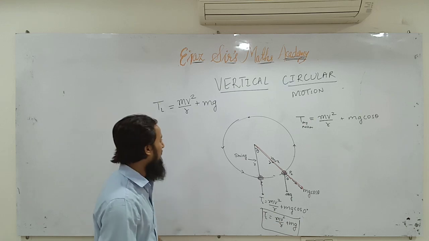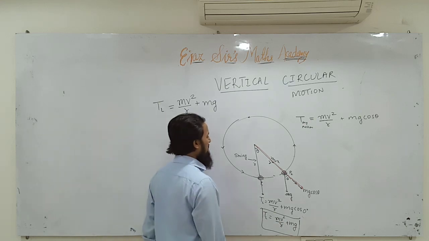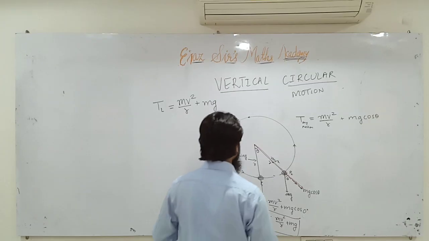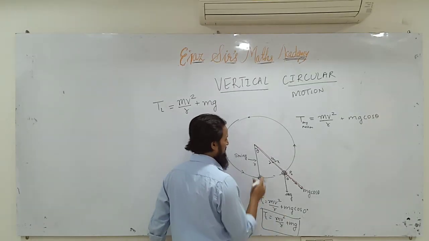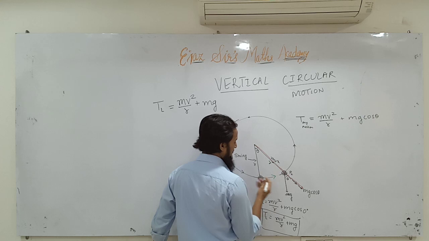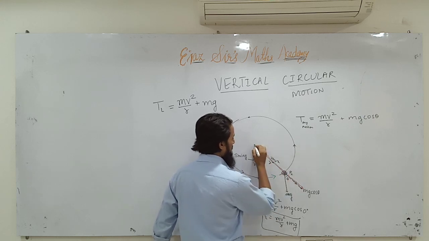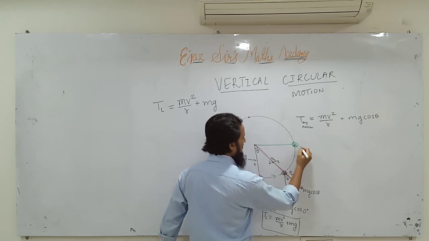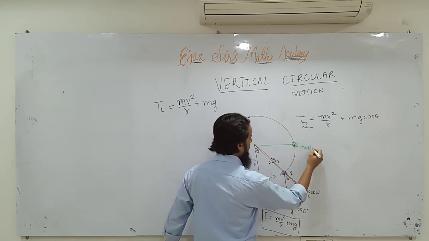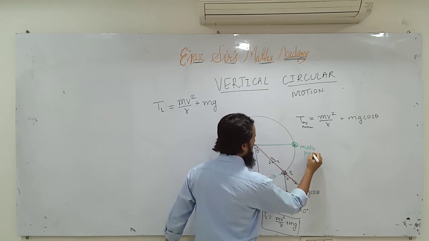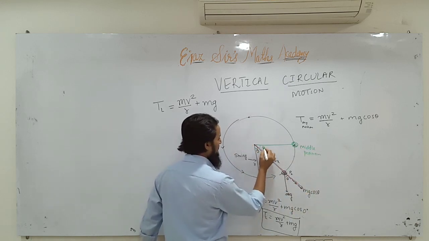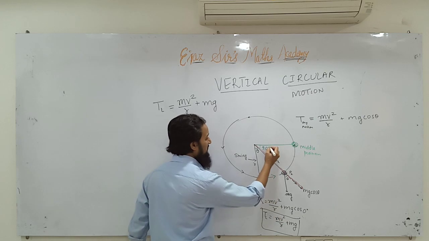Cos 0 is 1. Now let us suppose after some time the string has gone to the middle position. Earlier it was the lowest position, and now while revolving around a particular point, the stone has reached this position. Let us call this position the middle position. How much is the angular displacement at this position? 90 degrees or pi by 2 radian.